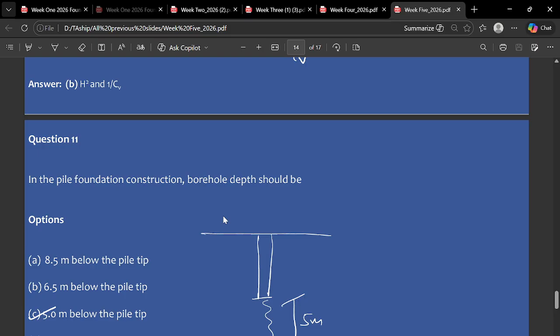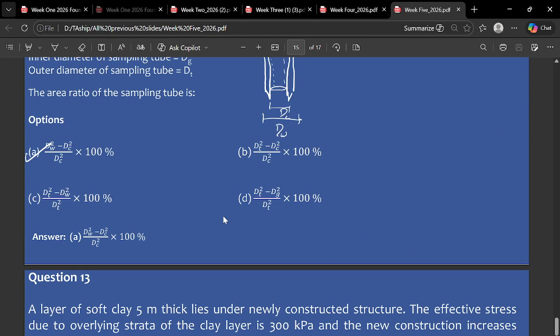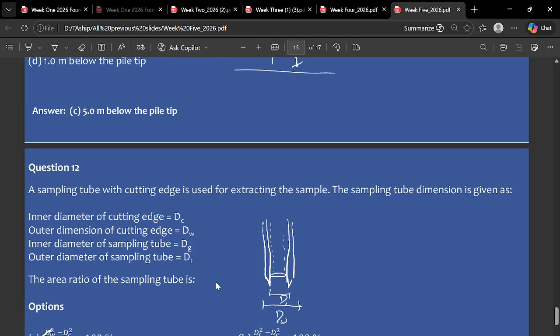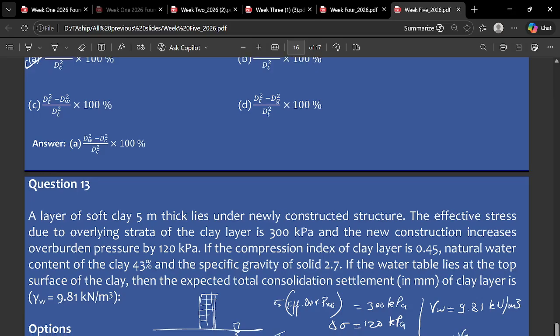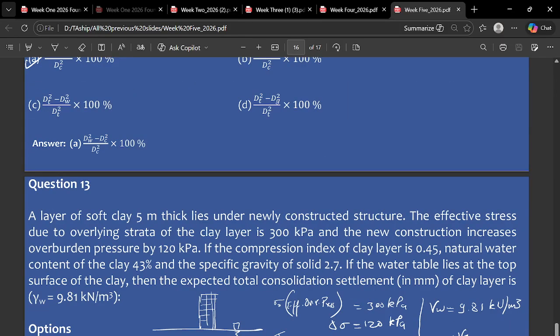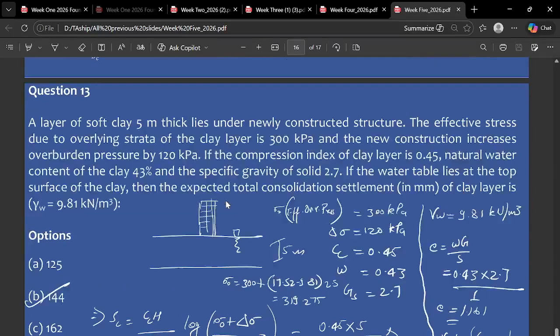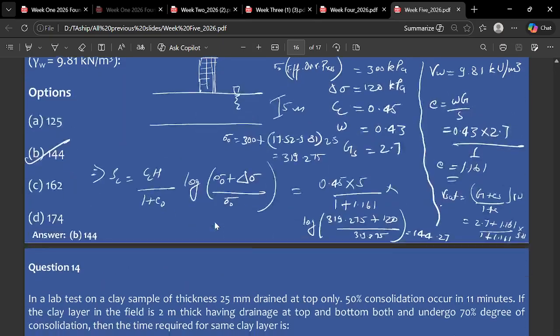And in pile foundation construction, how deep the borehole is, which is more about soil investigation. And if that much variation in the effective stress is happening, how much does it lead to variation in the settlement of the soil layer?